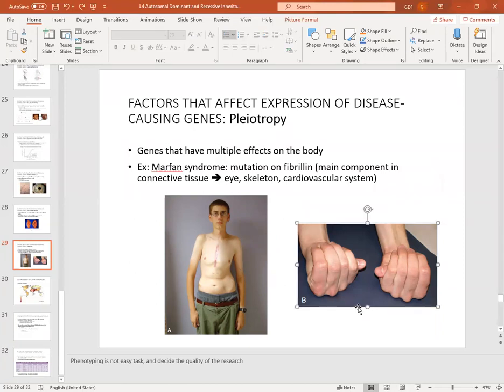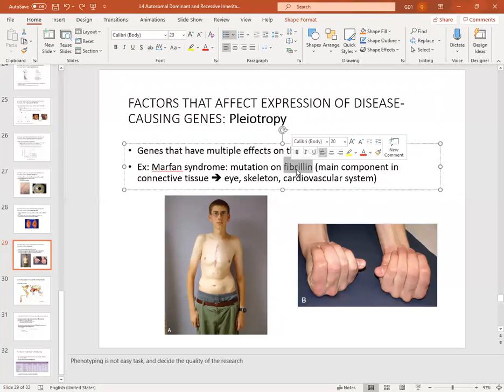This is also a second case, where the thumb is not in the right position. Because this protein is very important, it contributes to the eyes, the skeleton, and also the blood transfer system.